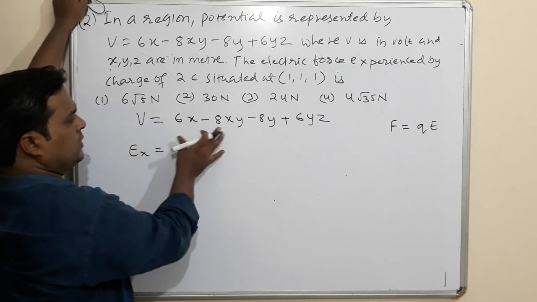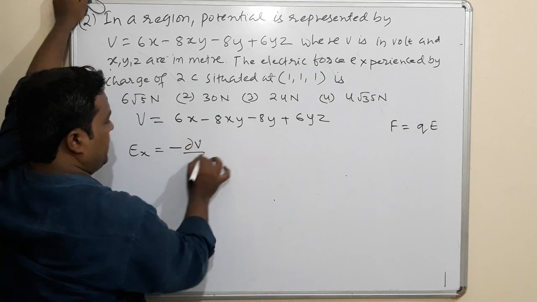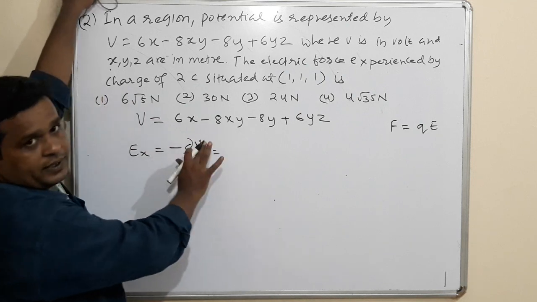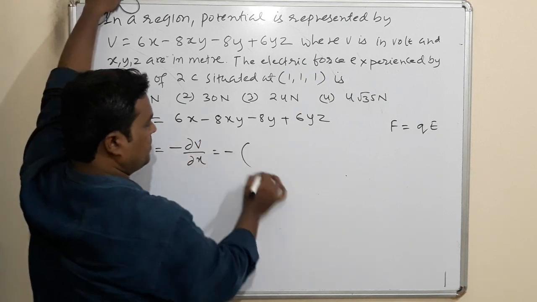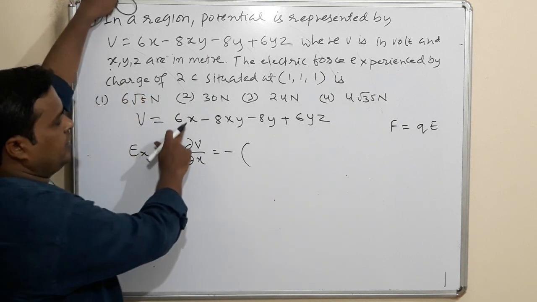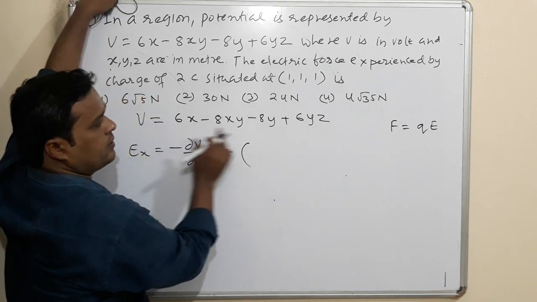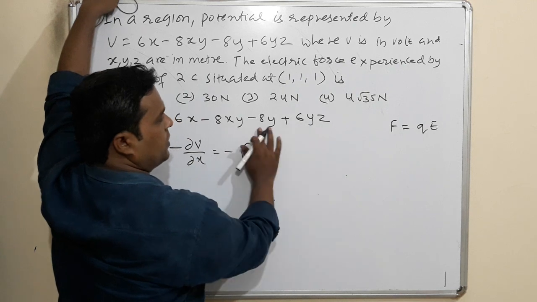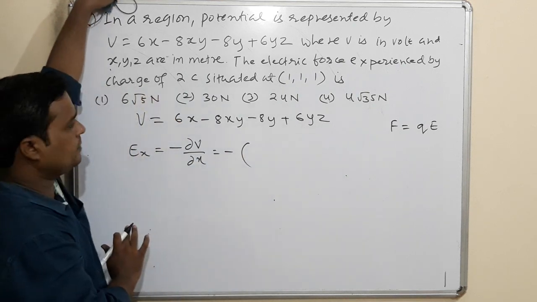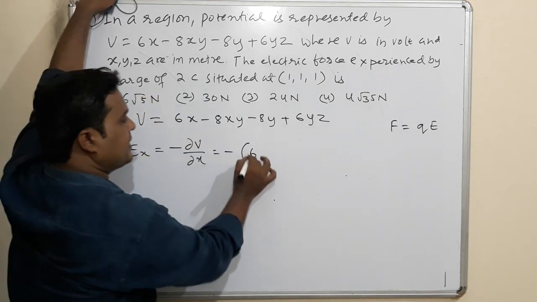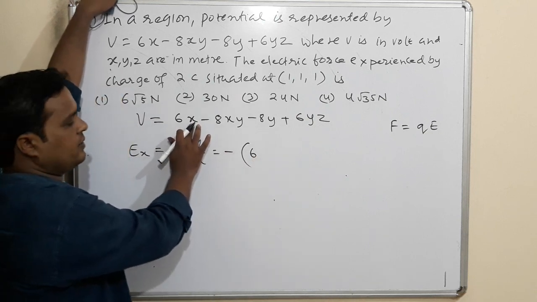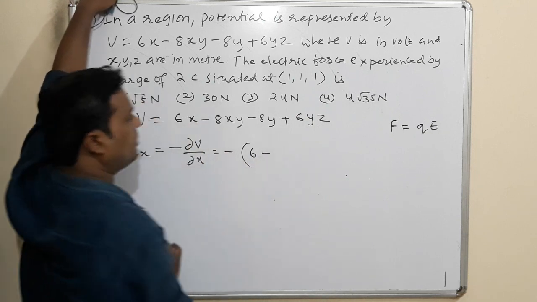Ex is equal to minus dV by dx, partial differentiation with respect to x. This minus sign I will keep here. Differentiating this with respect to x. Leave these terms because in these two terms x is not there. 6 as it is. Differentiation of x is 1 minus.